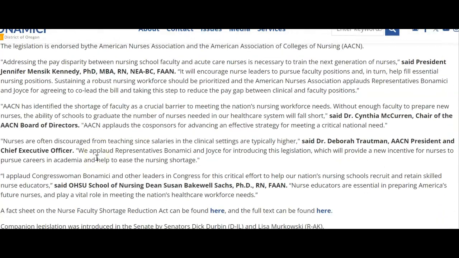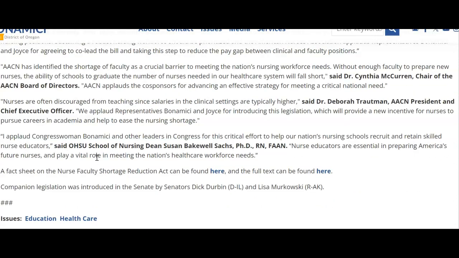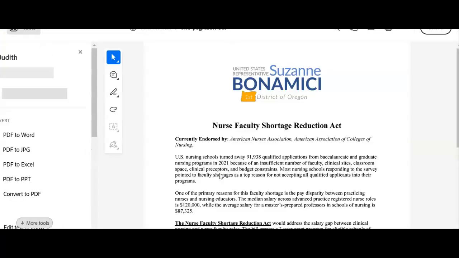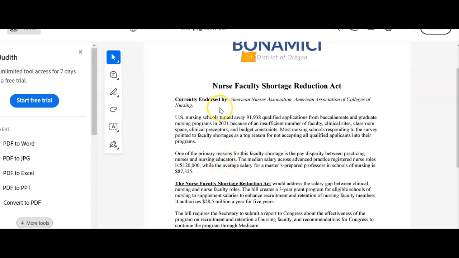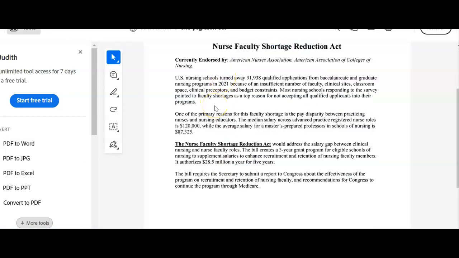So I've been looking at this information, sharing it with the Board of Trustees, and I put together an elevator speech for our Board of Trustees at Mercyhurst University. One of the things I found is a fact sheet, and this fact sheet is really nice and very succinct, about the Nurse Faculty Shortage Reduction Act.